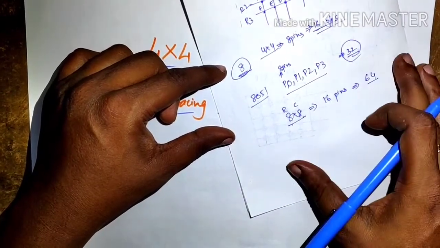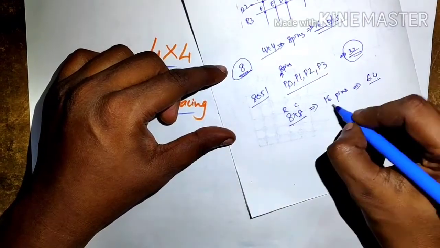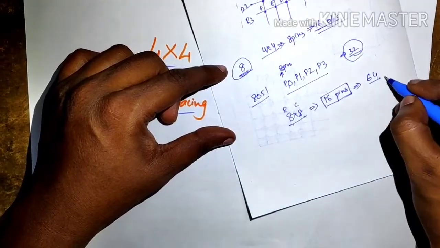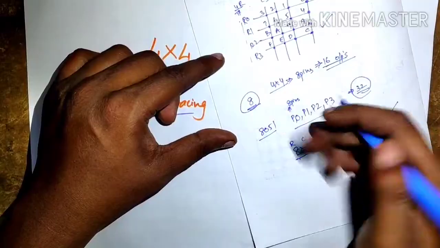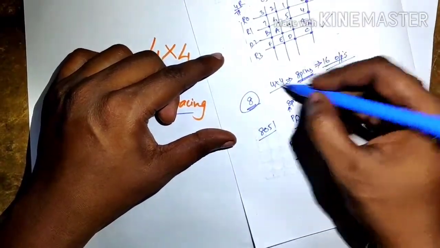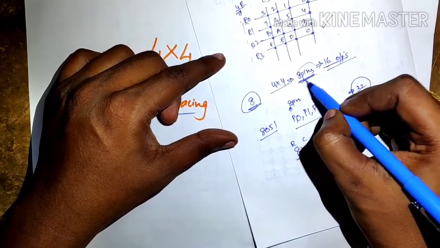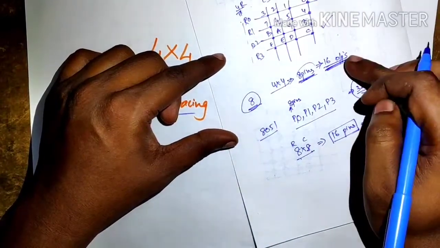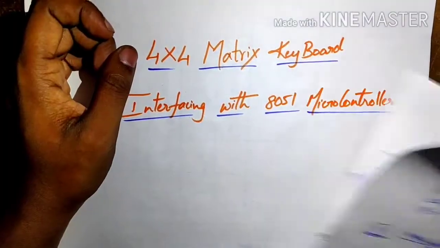So this is the advantage of our matrix keyboard: we connect 16 pins and get 64 characters. Similarly, in the 4x4 matrix keyboard, 8 pins are connected to the microcontroller, but it gives us 16 outputs. This is the advantage of our matrix keyboard.